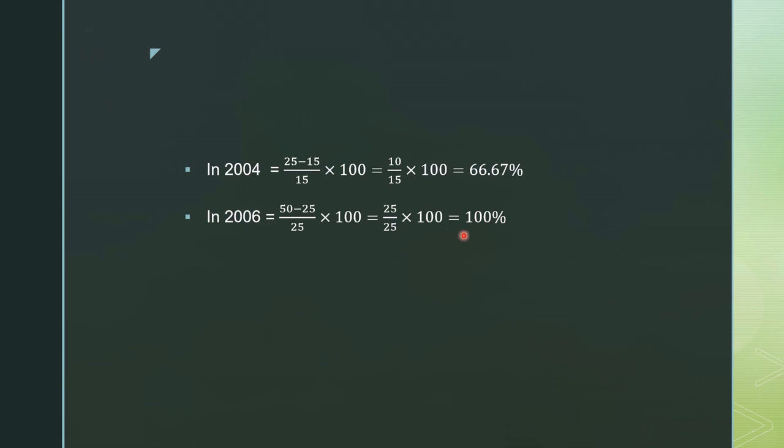So the question was when the increasing value was 100% compared with the previous year. So the right option is option C, that is in 2006 it was 100% compared with the previous year.